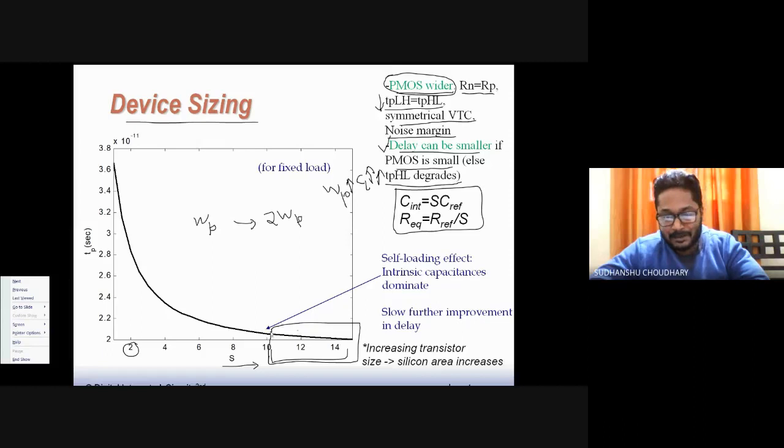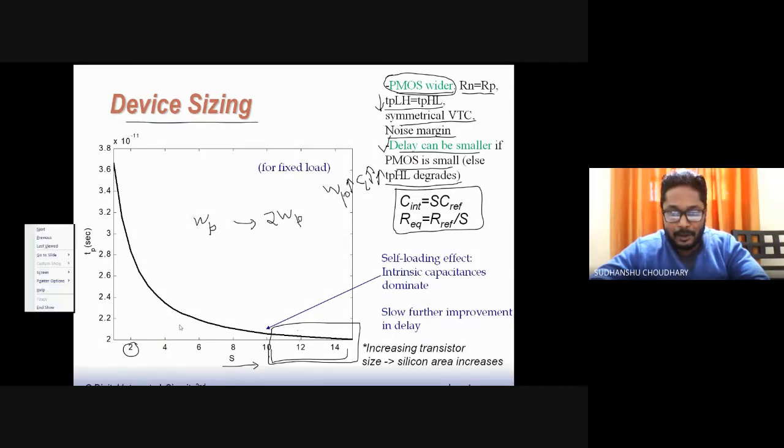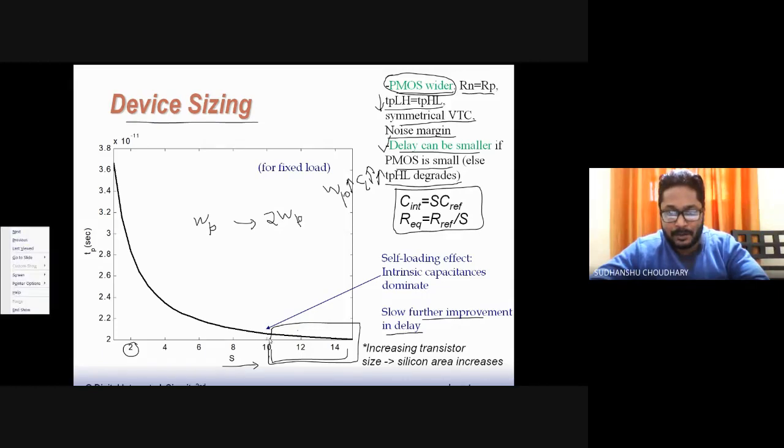In fact, you should not increase the size of PMOS beyond this range. Beyond this range, you will see very slow further improvements in delay. It is also not economical to increase the size of PMOS beyond this point, because increasing the transistor size requires more silicon area.